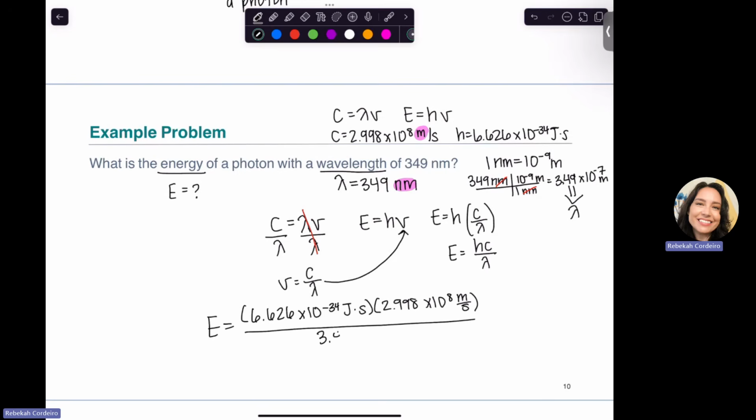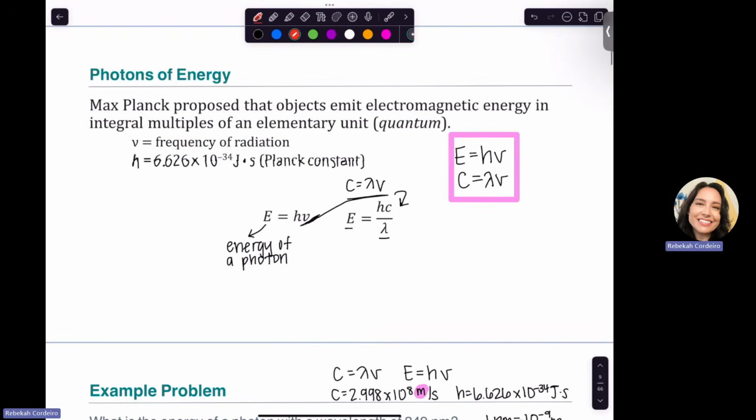And then I'll plug in my meters, not my nanometers, because I can't cancel meters with nanometers. So meters will cancel, seconds will cancel, and I'm left with joules, which is the unit for energy that we're using. I don't think I mentioned that. Let me go put this back up here. Is that energy of the photon, and the unit is joules. J equals joules.